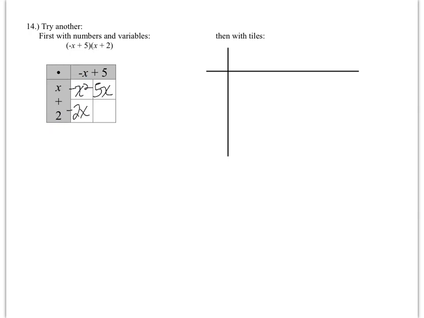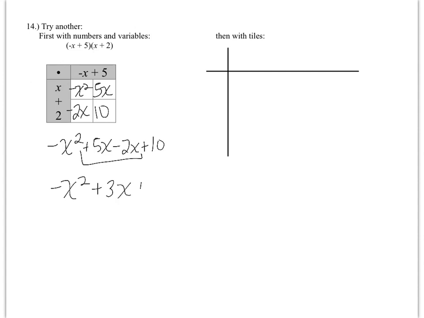And then the last box is going to be doing 5 times 2, which is 10. So now, if you put that all together, that would be negative x squared plus 5x minus 2x plus 10. And then since the middle terms are like terms, we could make that negative x squared plus 3x plus 10.